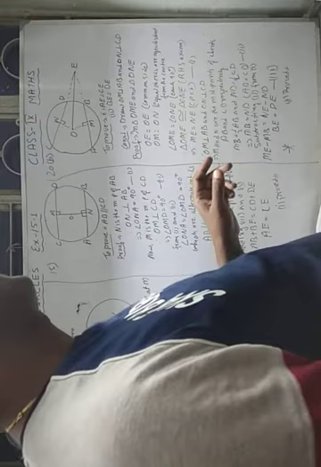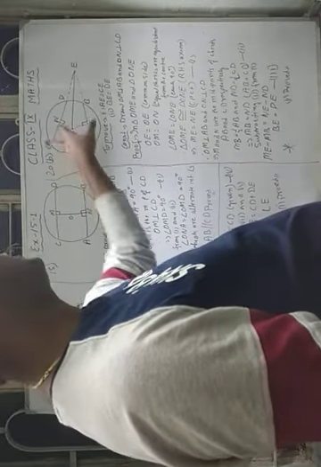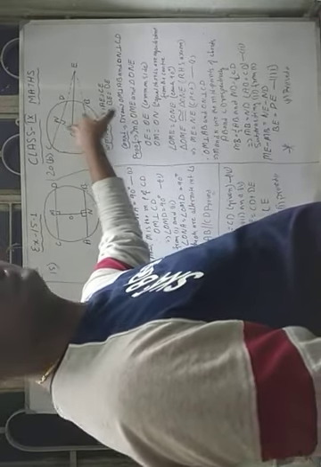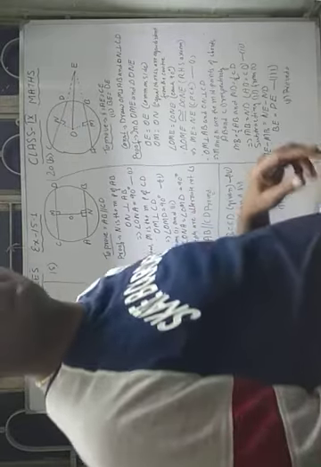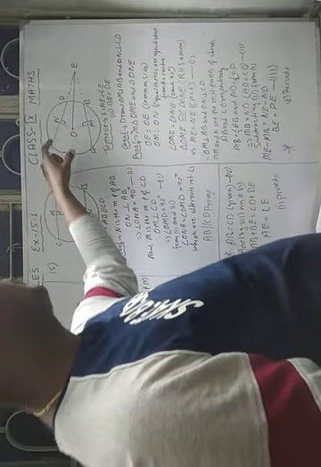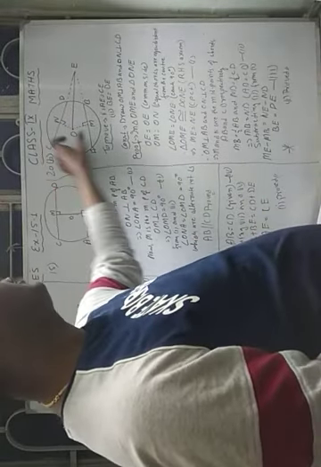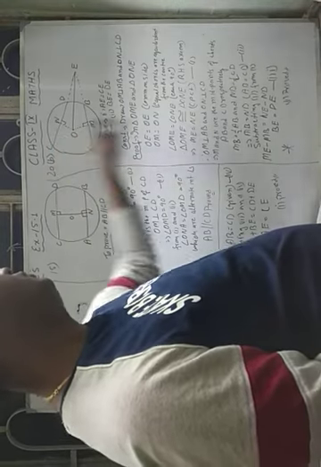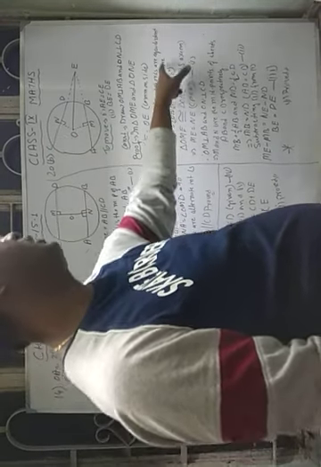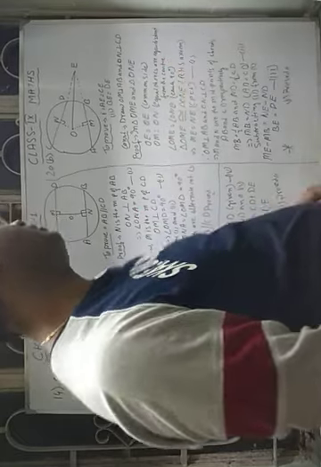And since the chords AB and CD are equal chords, they are equidistant from the center. So from the theorem we can say that OM equals ON also. So equal chords are equidistant from the center. Always write the theorem.